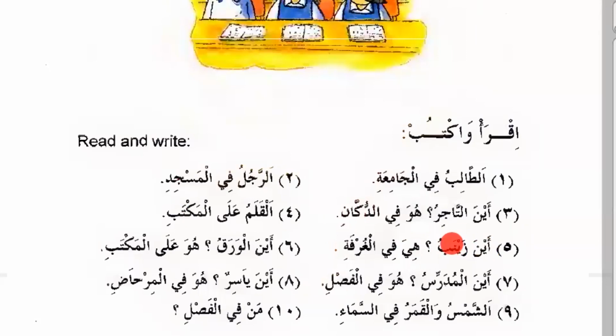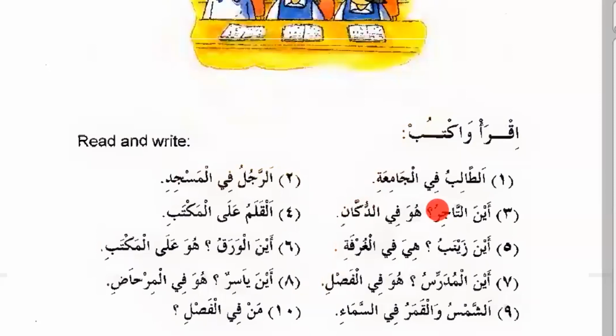So you can see at-tajiru is a merchant, right? I'm coming back to something here. At-tajiru is a male merchant. There's no ta marbuta here. So if you are referring to a female merchant, at-tajiratu, we add a tu to it to make it a female merchant.